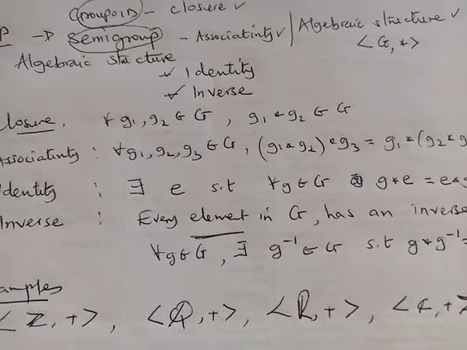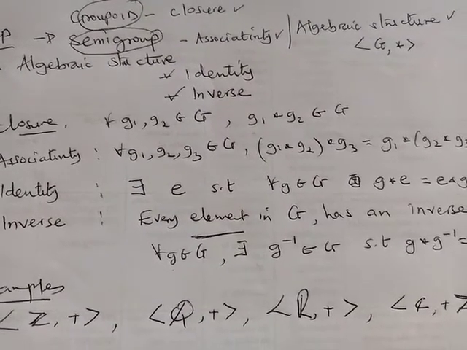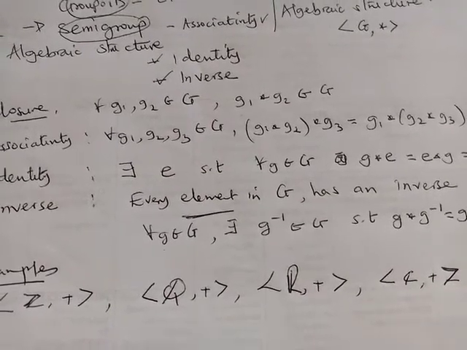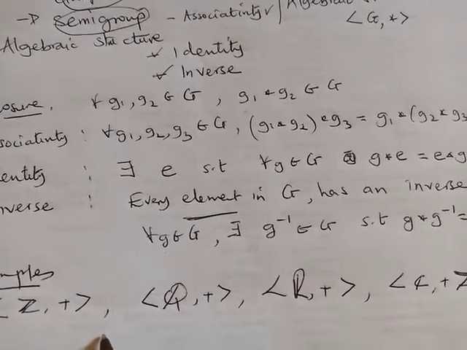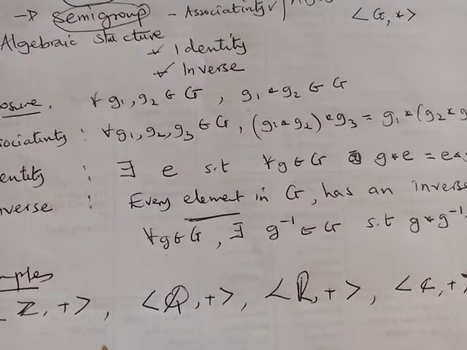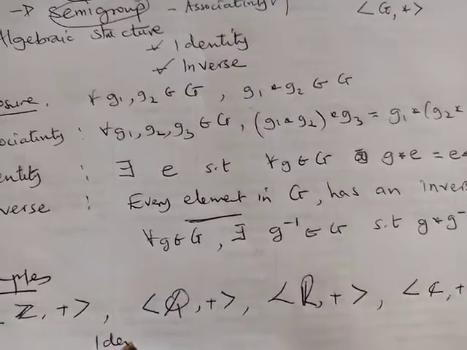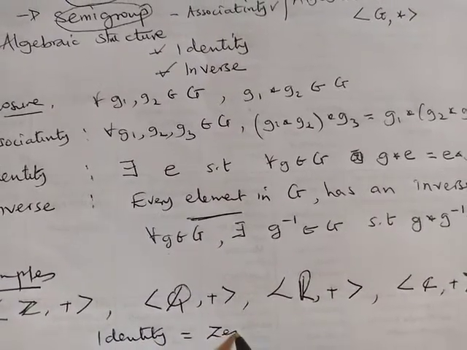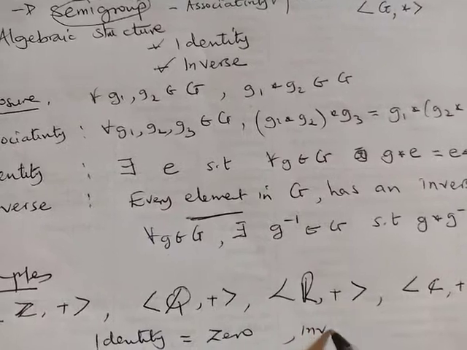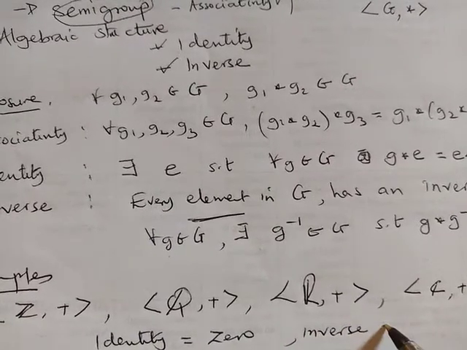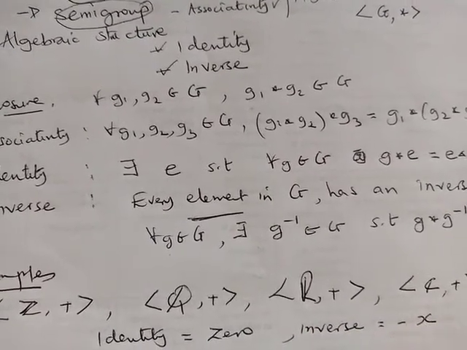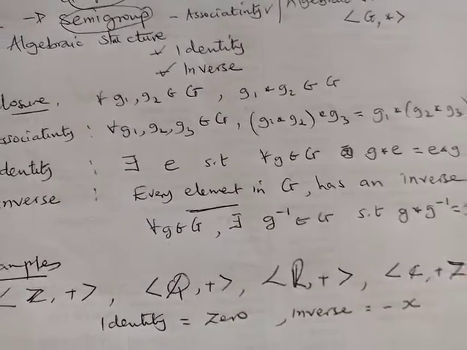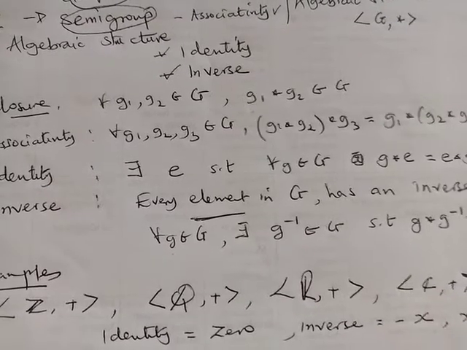Those are the key groups that we normally interact with. In these cases, the identity is 0, and the inverse is negative x, so negative x is the inverse of an element x.